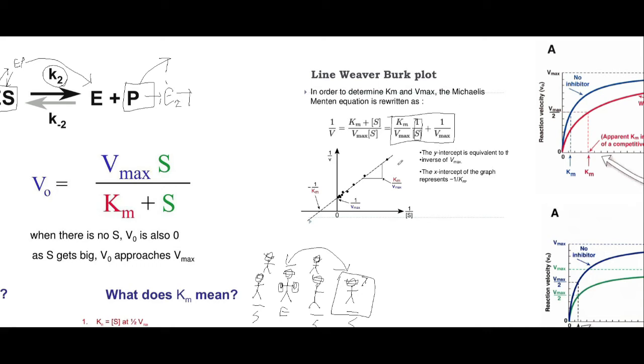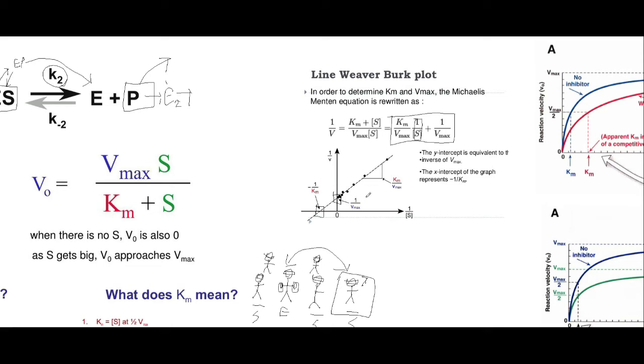From this we can do what's called the Lineweaver-Burk plot. What's nice about that is you plot it here, and we have 1 over Vmax at the y-intercept and 1 over Km at the x-intercept, so negative 1 over Km.